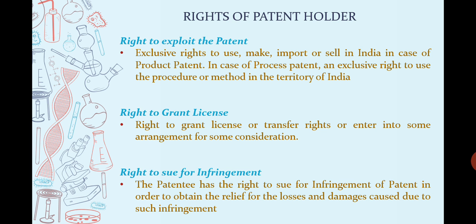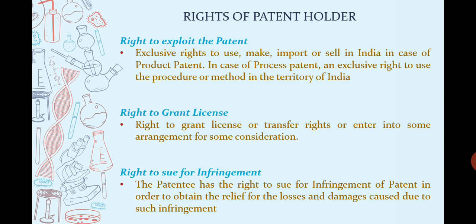The third right is the right to sue for infringement. Now the word right to sue means right to file an official complaint. In layman's terms, we say that the person has filed a case, a court case. Infringement is something which we will be studying in our next sessions, but as of now, just remember, infringement means to do something which you are not legally permitted to do.